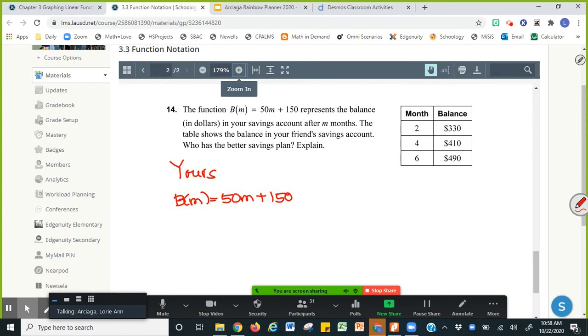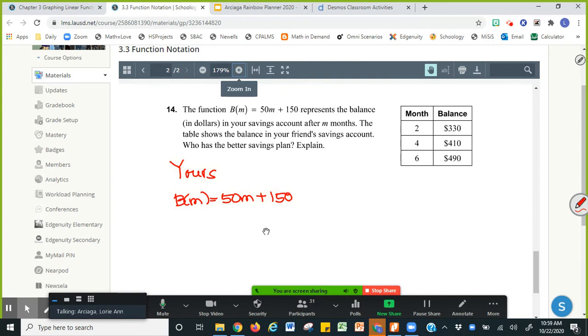Anyone? Look at this function that I wrote over here and tell me how much money you had at the beginning. Remember your piggy bank problem. Your piggy bank was 5x plus 60, and Samantha had $60 initially from her last birthday.